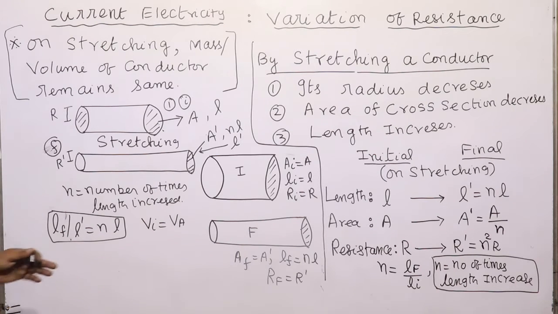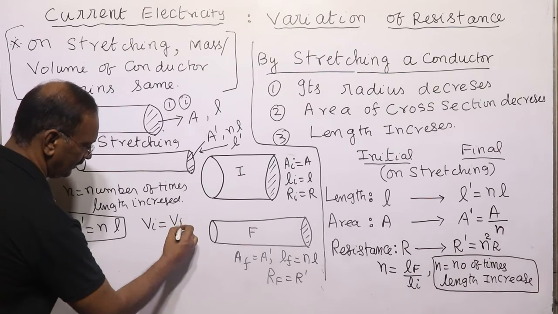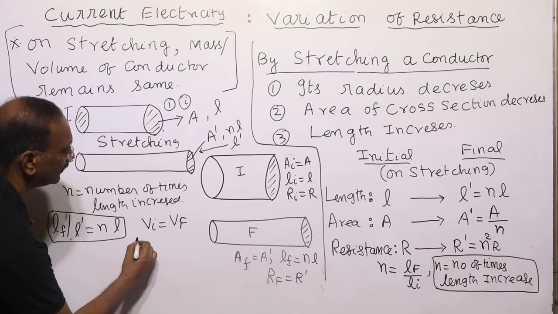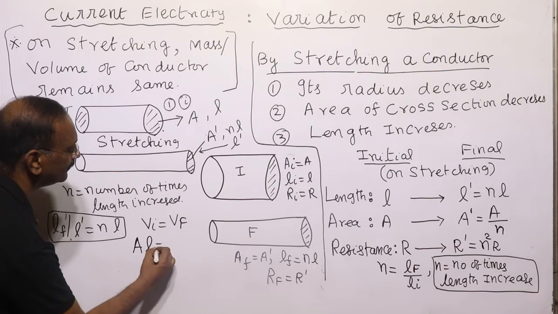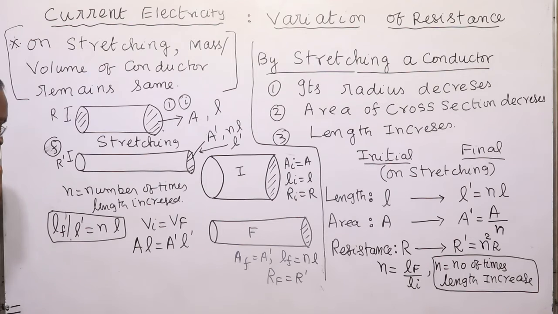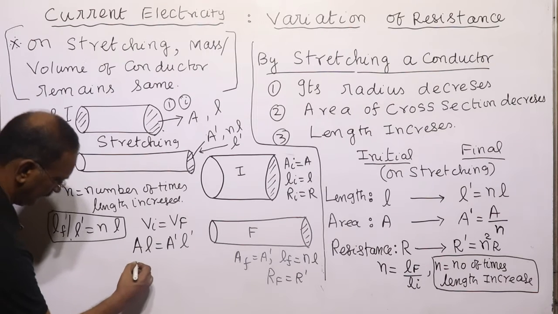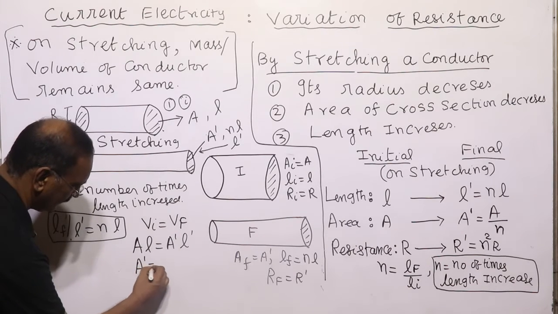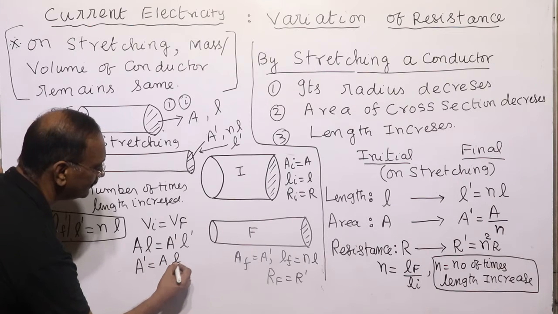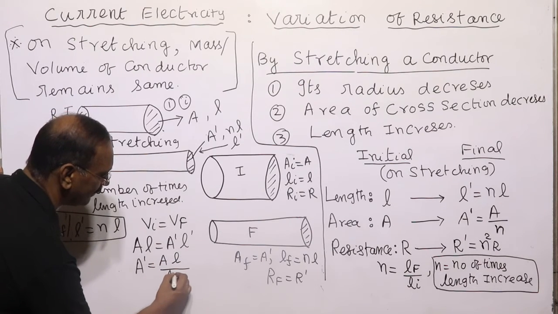So volume initial is equal to volume final. Volume initial is A into L, and volume final is A dash into L dash. So A dash is equal to A L divided by L dash.